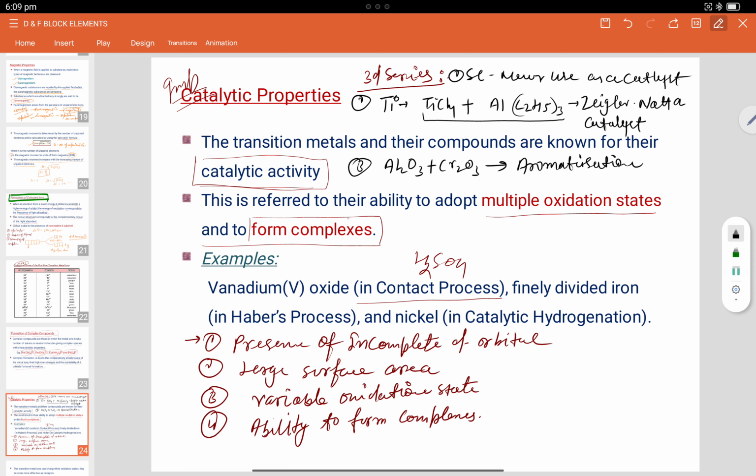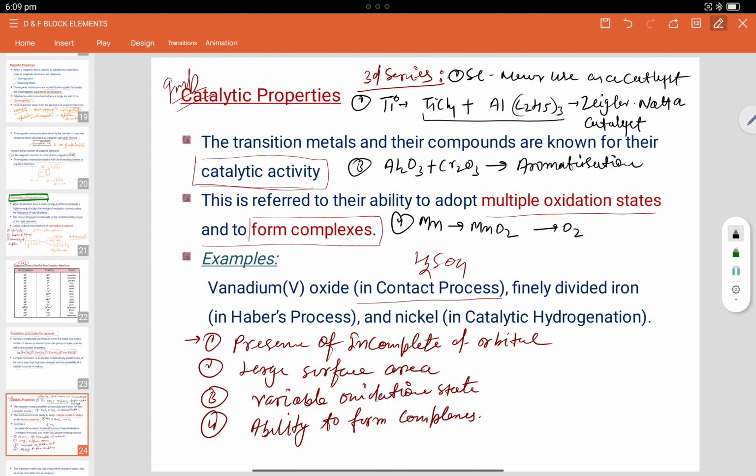Manganese, number 4: MnO2 is used for the preparation of oxygen. So there are so many uses.